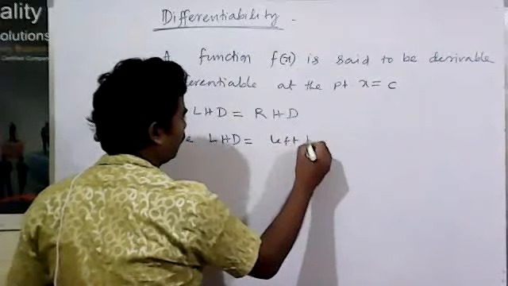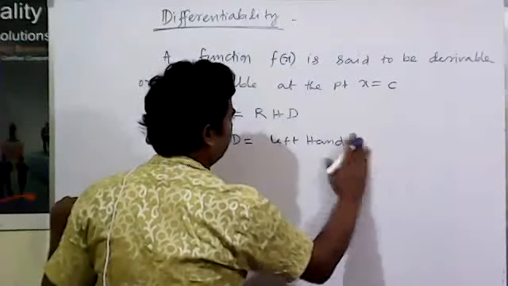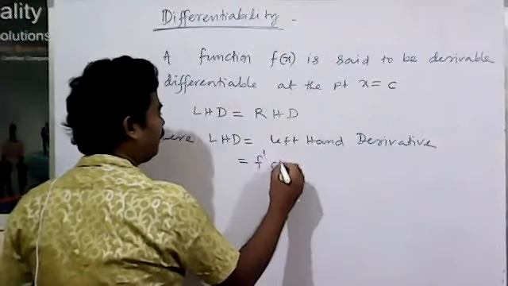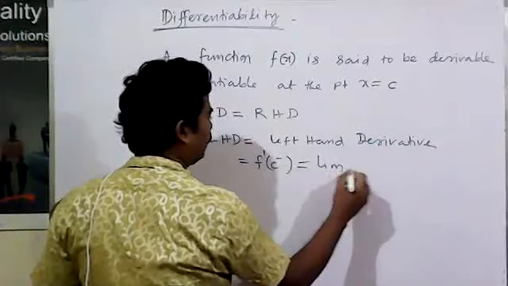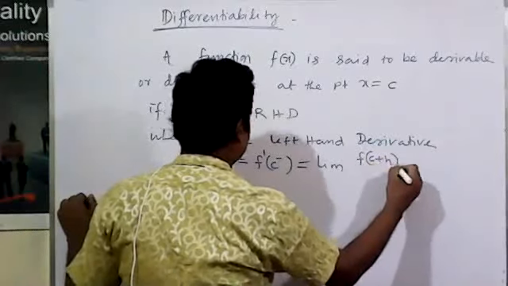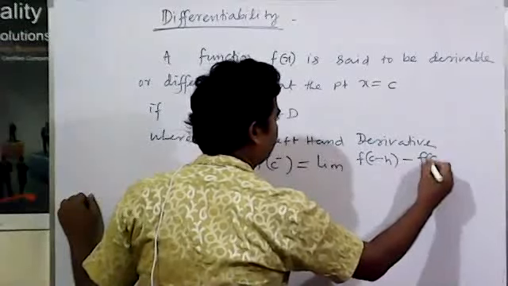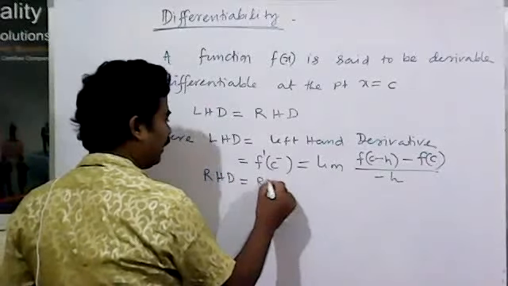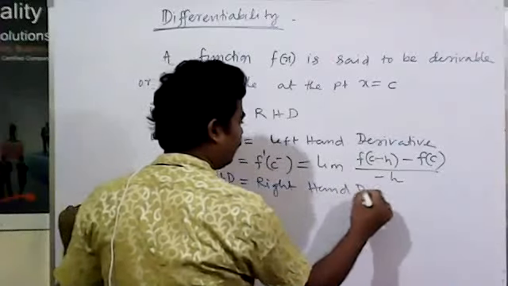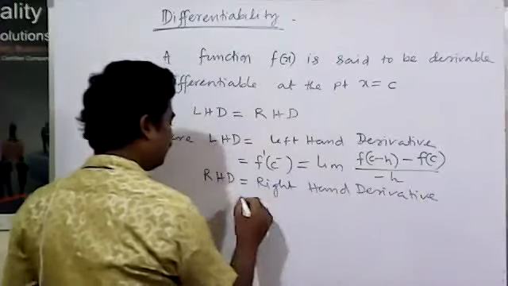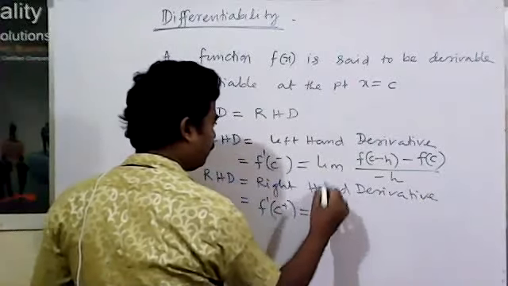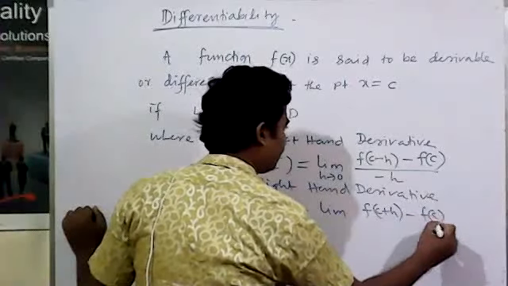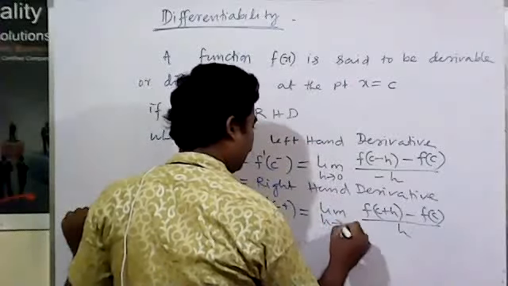left hand derivative, that is f dash c minus, that is equal to limit h tends to 0 of f(c minus h) minus f(c) divided by minus h, and RHD is equal to right hand derivative, that is f dash c plus, that is equal to limit h tends to 0 of f(c plus h) minus f(c) divided by h.